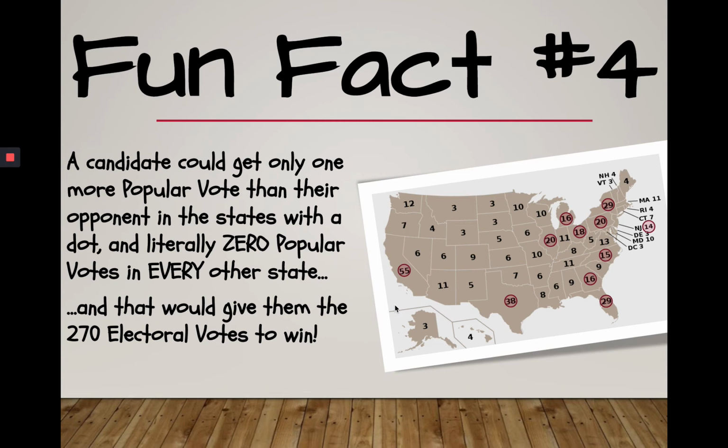Biden could get 1 more vote in California, but then he gets all the points. He'll get 55 electoral votes from California. Conversely, Trump could get 1 more vote in Texas than Biden, but he'll get 38 electoral votes. What that means is you win each state. It's a winner-take-all system per state.